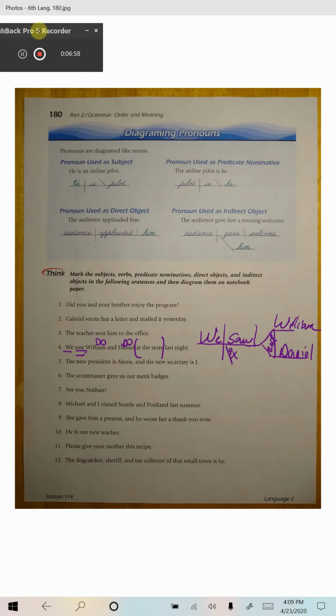This part you don't have to do. At store. And when? Okay, you saw them. You saw. Yeah, when? Night. When you saw them. Last is describing night. Night is a noun. But it's saying when you saw, right? So I'm pretty sure it's acting as an adverb there. No. Saw.